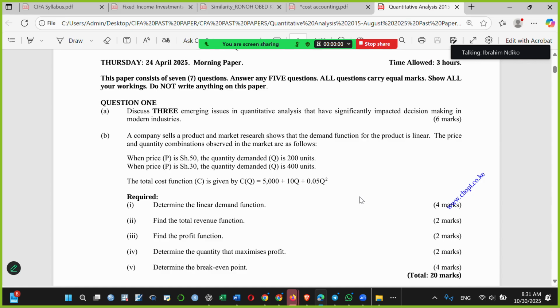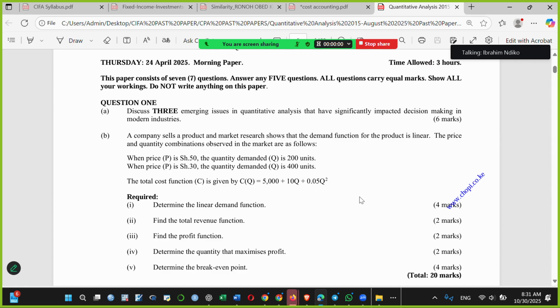So before we start, the bottom price has what? 50. Q is 200. Then if P is 30, Q is how much? 400.